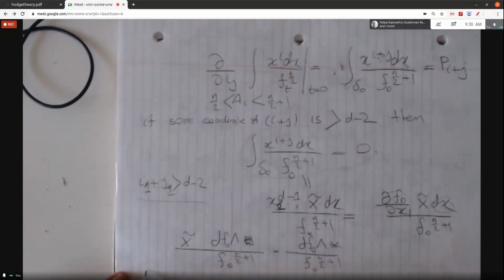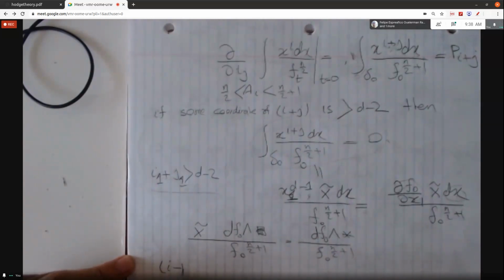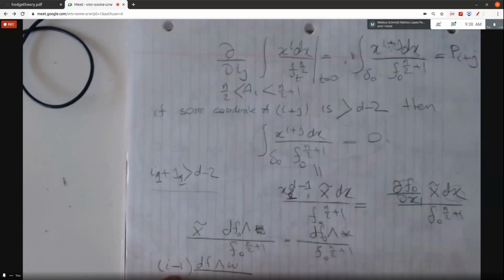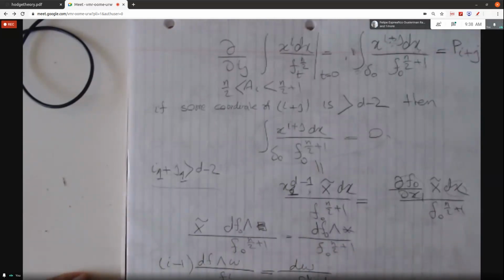The formula was like this. I minus 1 df wedge omega for any hypersurface f to the I, in the de Rham cohomology, is d omega f to the I minus 1. And then you apply this one, and then you take care that you are still in the compact variety.